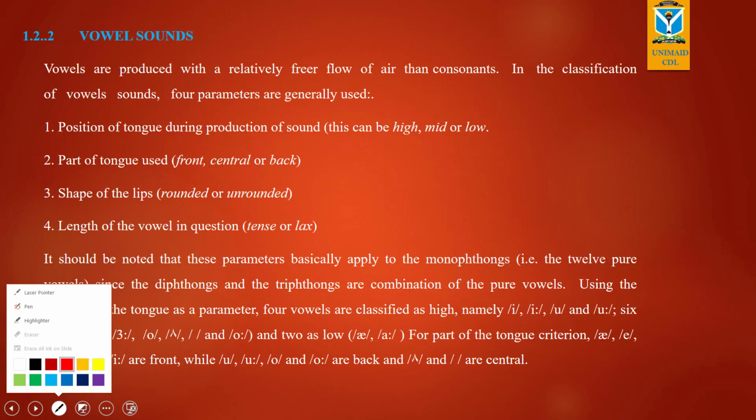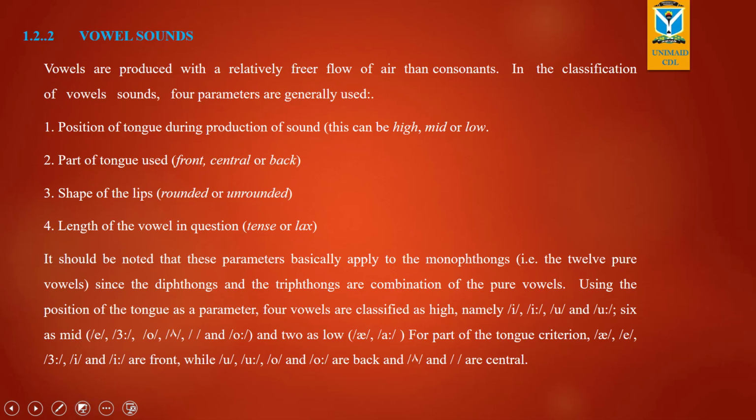So, whichever part you're using, you're going to notice a kind of different what? Different vowels. That is when you have the front, the center, or the back part of the tongue involved.